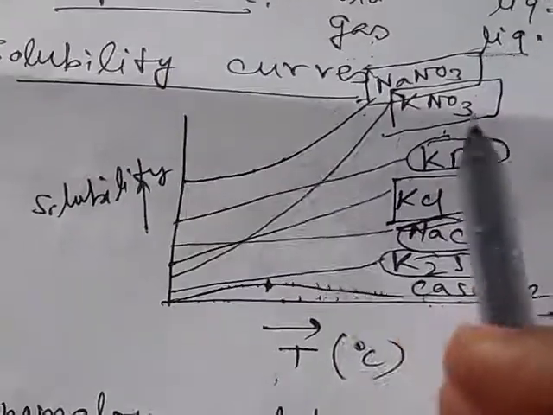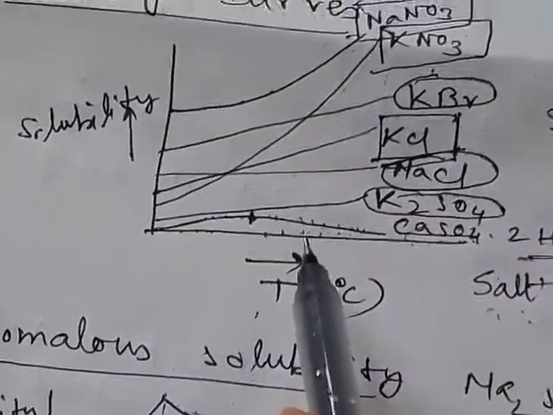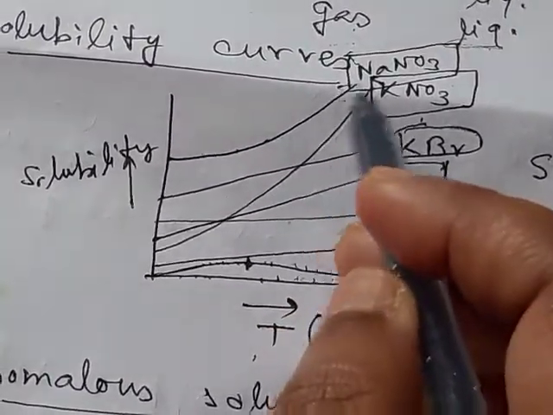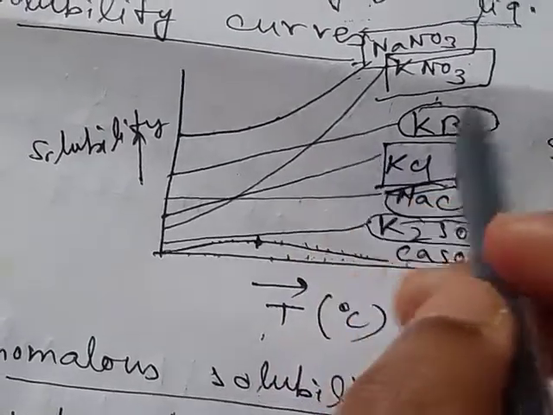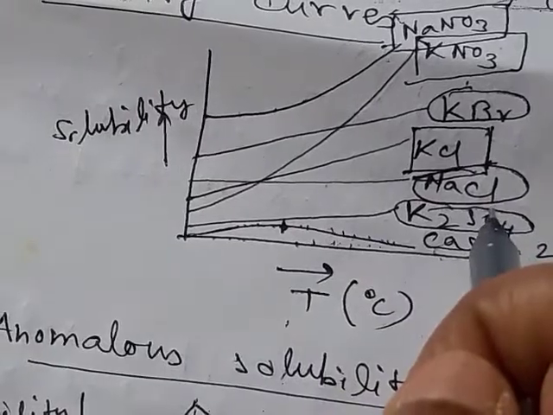That is, for one salt, we can say how much its solubility will change with the change of temperature. Number two: comparing the solubility of different salts at different temperatures.